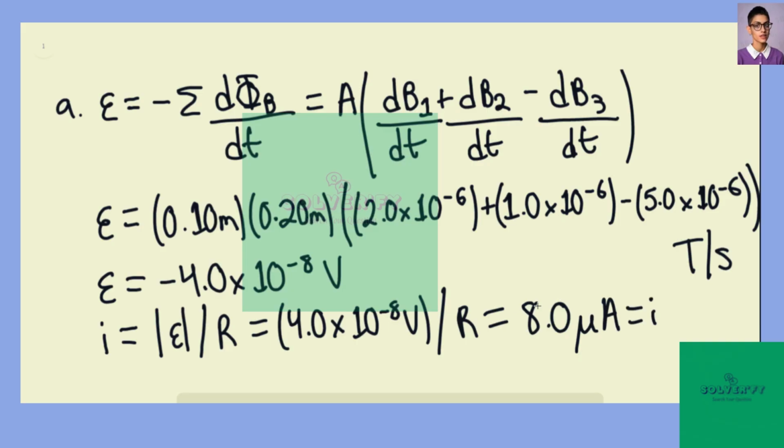This is the current. This is found by dividing the EMF by the resistance, simply according to Ohm's law. So we used Faraday's law to find the EMF, and then we used Ohm's law to find the current.